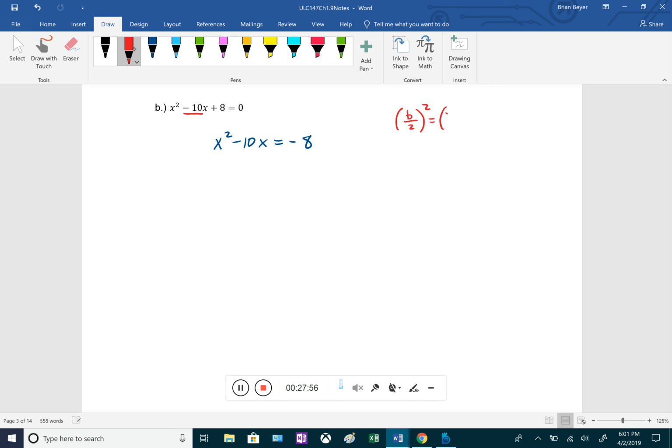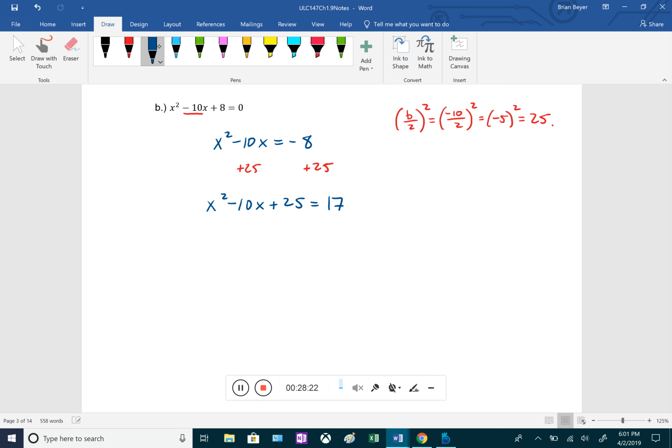Negative 10 over 2, squared, is negative 5 squared, which is positive 25. So we're adding 25 to both sides. We get x squared minus 10x plus 25 equals negative 8 plus 25, which is 17.